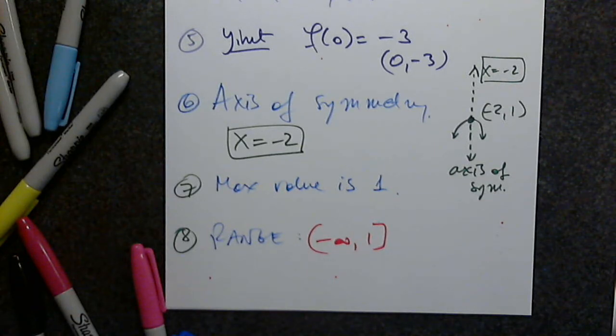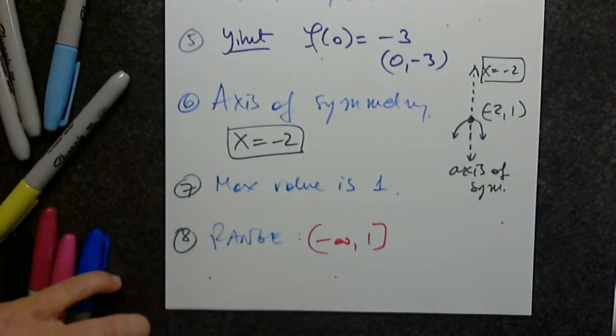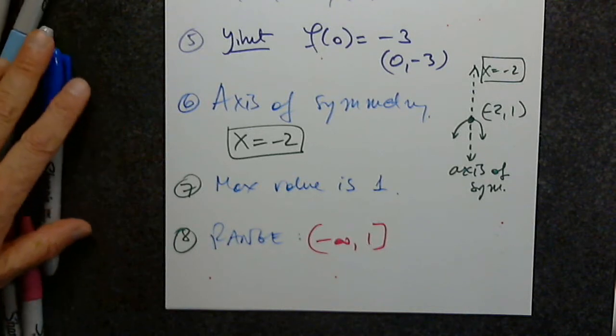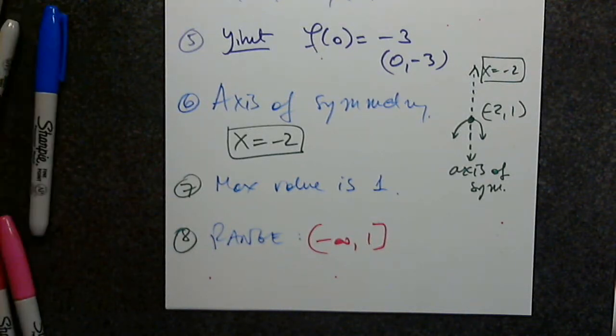How is negative infinity to 1 again? Where does the 2 come from? Which 2 are we talking about? For the max. For the vertex, right? How did you pick 2? Is that better?